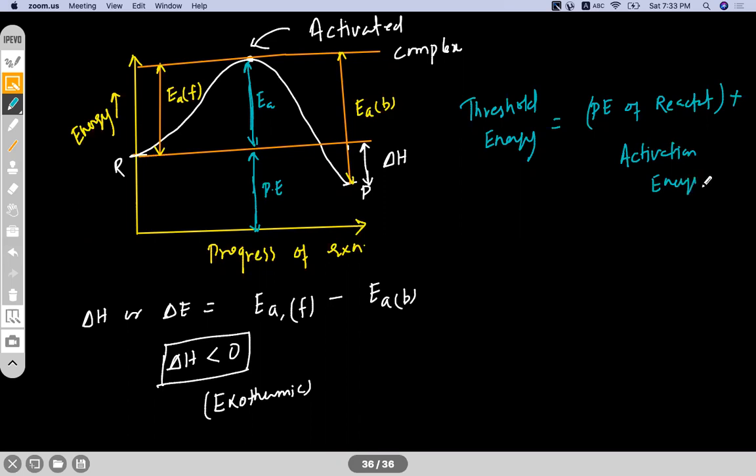When you solve questions in any book, you'll get one based on this relation. They'll give you the activation energy as equal to this minus this. This kind of question you will get.